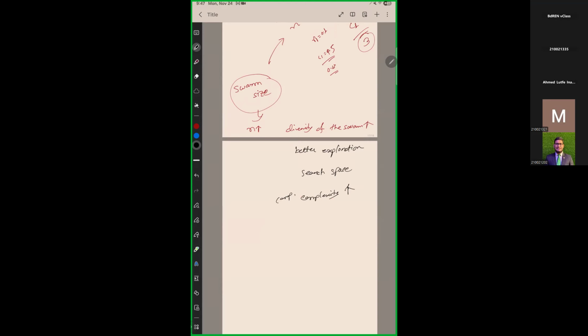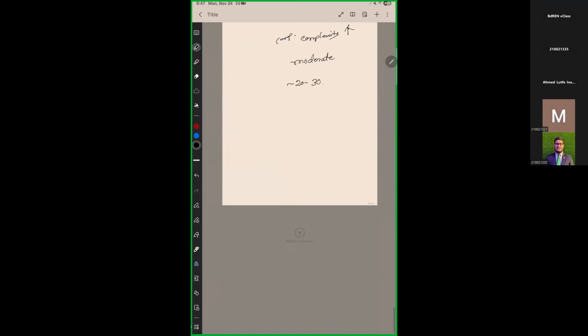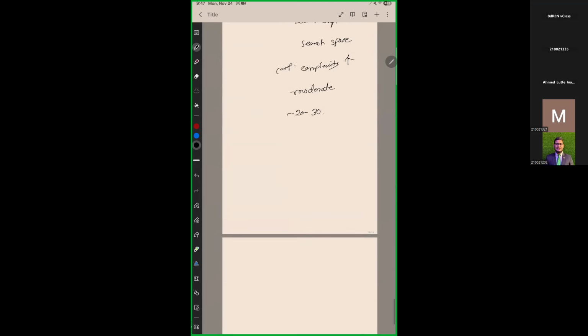If you put too much, it will be overcrowded, and they will not be able to find the global behavior. So you keep it moderate, not too low, not too high. Then it will give you the solution. Usually it is kept around 20 to 30, varying on the problem. This is just a random value, I'm just giving you some idea. 20 to 30 particles for a moderate search space is enough.